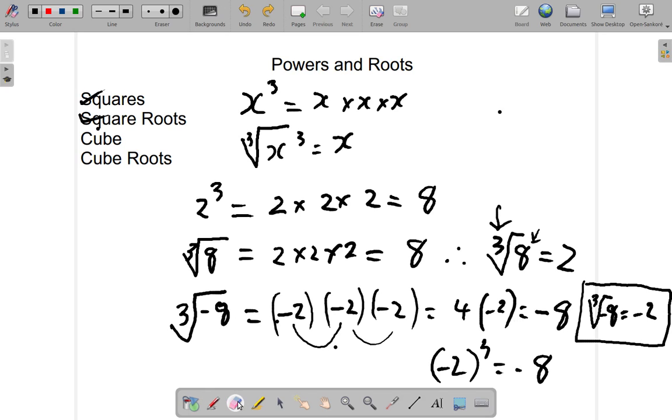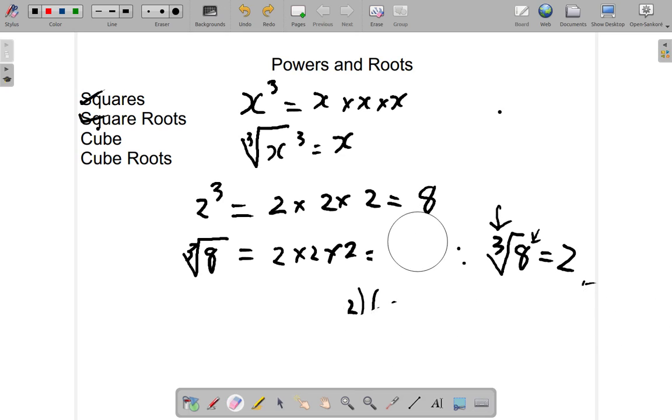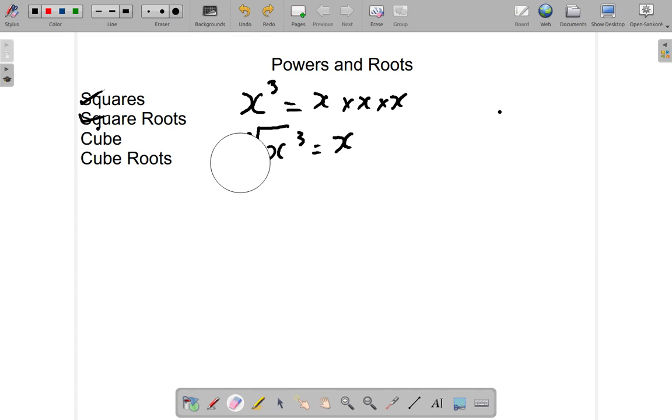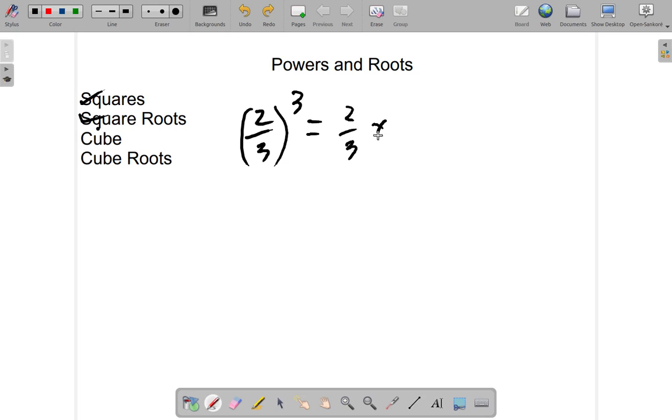Now let's try to find the cube and the cube root of a fraction. Suppose you have, for example, 2/3 cube. What this means is 2/3 times 2/3 times 2/3.